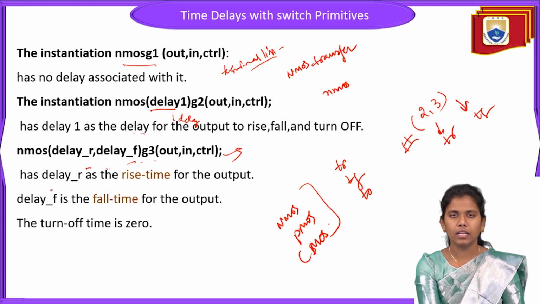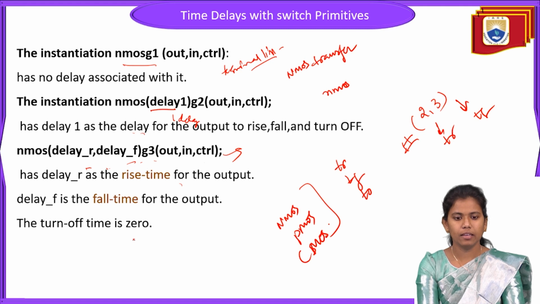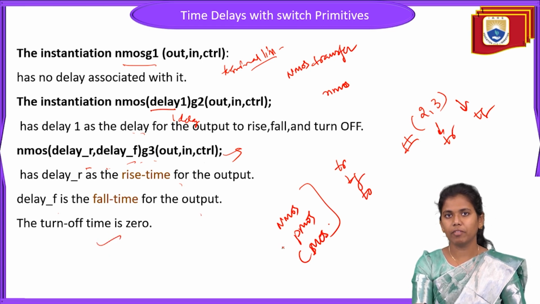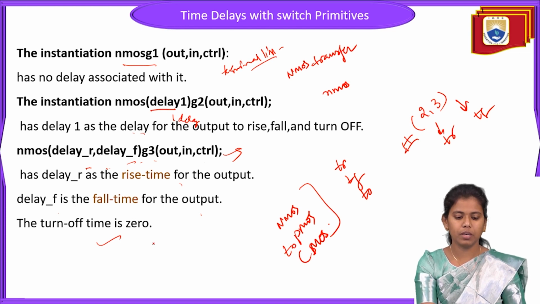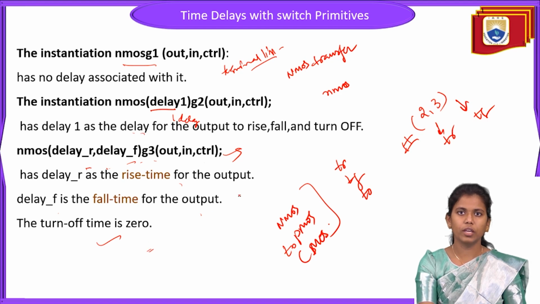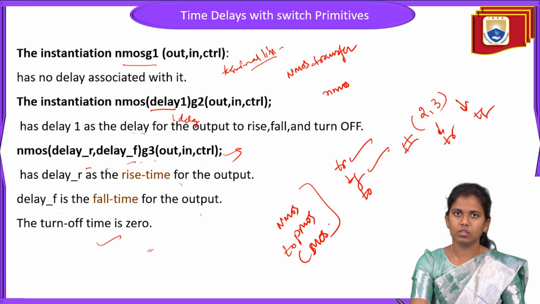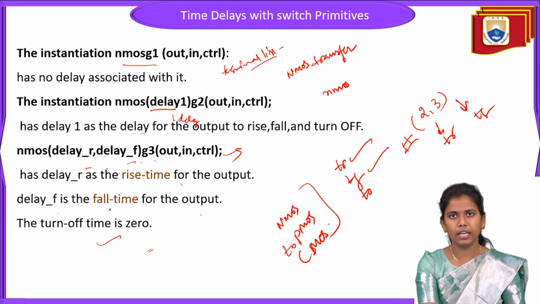So delay underscore R is nothing but the rise time for the output, and delay underscore F is nothing but the fall time for the output, and the turn off time is 0. Here we don't have any turn off time, isn't it? So as we don't have any turn off time, that time is taken to be 0. So here we have only 2 times, with respect to the rise time and fall time, delay R and delay F.